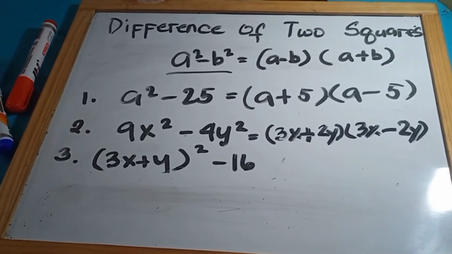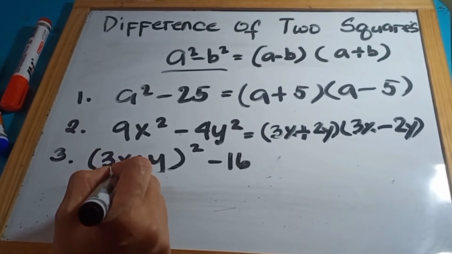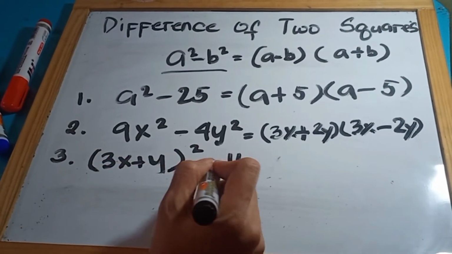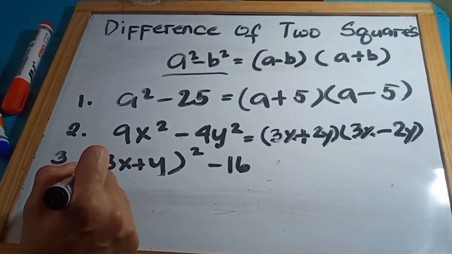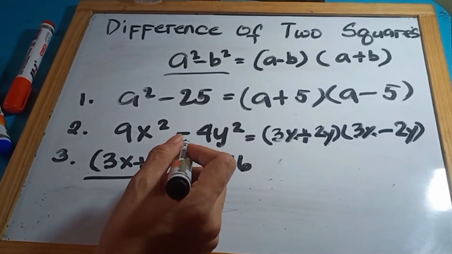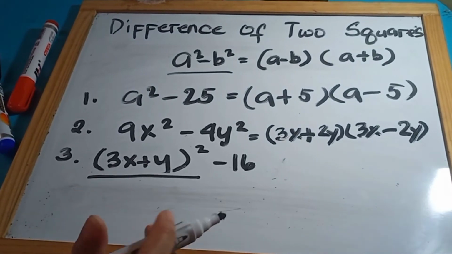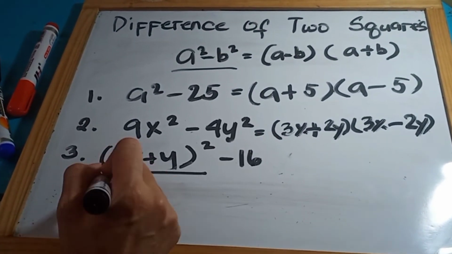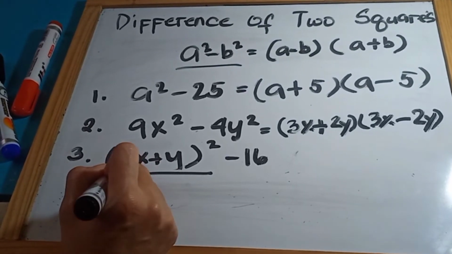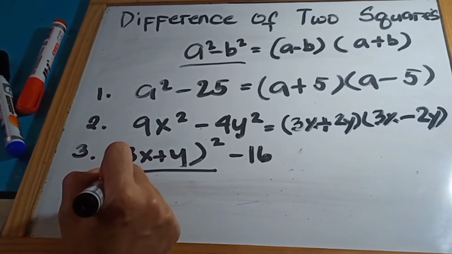Okay, so let's have example number 3. (3x plus y) squared minus 16. Okay, so yung first term natin, dahil naka-squared siya, of course, this is a perfect square, and then 16 has also a perfect square. So, let's now factor the first term.